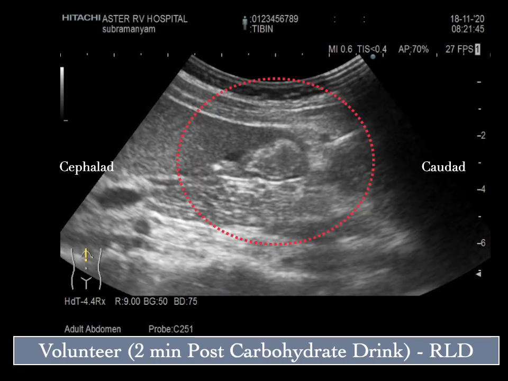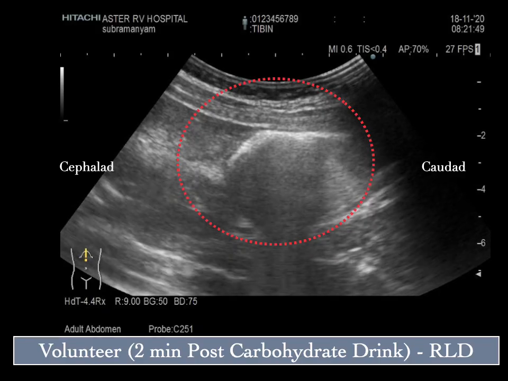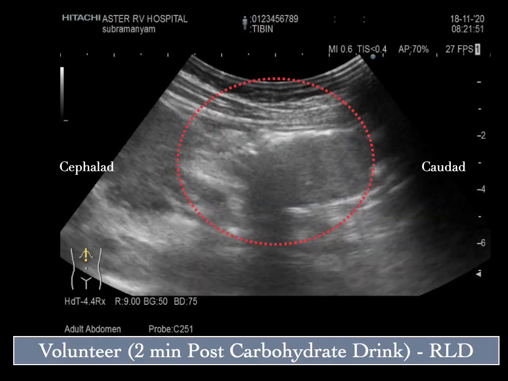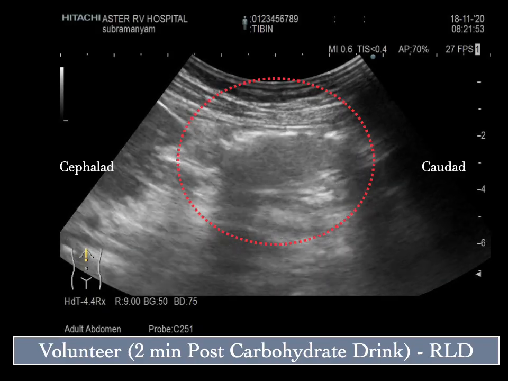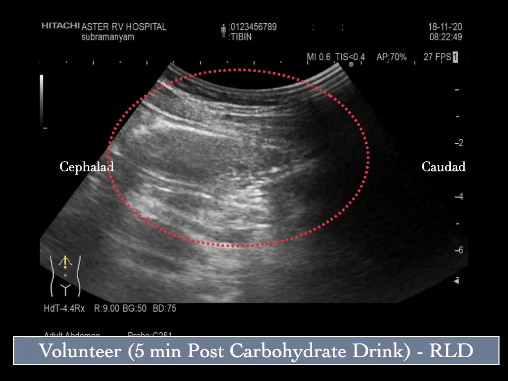After turning right lateral, you can see the contents of the stomach have increased in size, and a little bit of air, which patients usually take up along with the liquid. Here, after 5 minutes of turning right lateral, you can see all the contents in the pyloric antrum and it looks big. If you want to estimate, this is a good time to estimate.